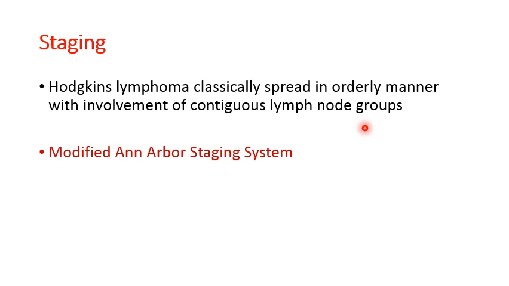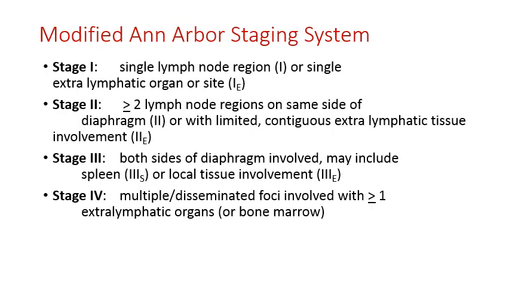The currently available staging system is the modified Ann Arbor staging system. When we were medical students, it was the Ann Arbor system. Now it's called the modified Ann Arbor system. So if I simplify what is in this slide, there are 4 stages in the Ann Arbor classification.